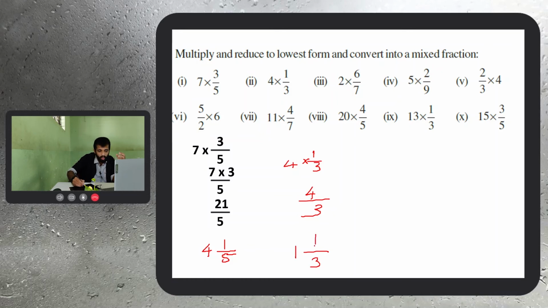So 1 and 1 upon 3 is the answer. So I have multiplied a whole number by a fraction first and then got it to a mixed fraction. Like this, please try all these problems which are given, and you will be able to understand and solve them easily. Practice all of them.